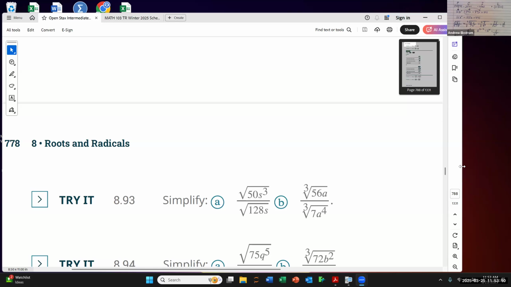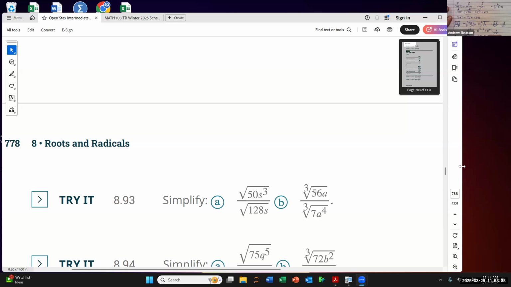We can break that down as the cubed root of 7, a to the third, a. So where does that 3 come from? It's because I got a 3 right there. Then break it down piece by piece.